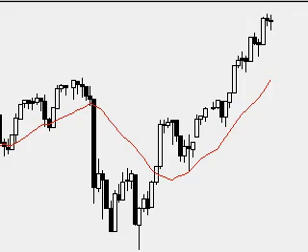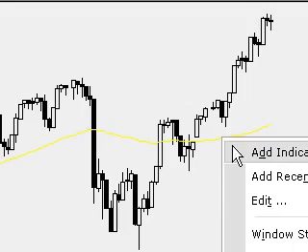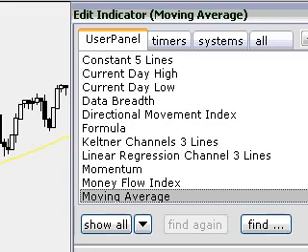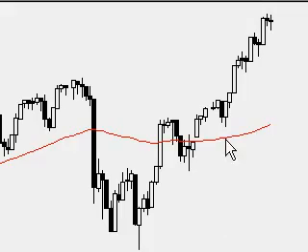Now, another popular one is the 50 moving average, so let's look at that. Alrighty, there you go. So that is the 50 moving average. And as you can see, it smooths it out a bit.